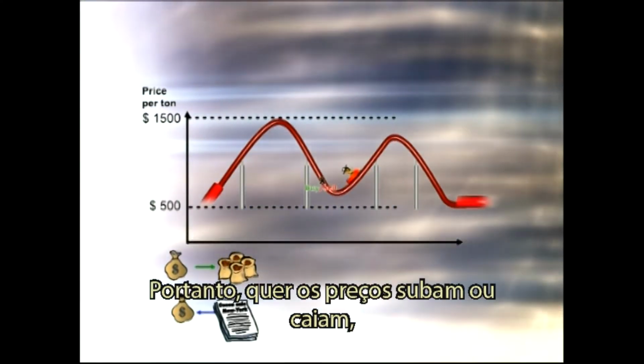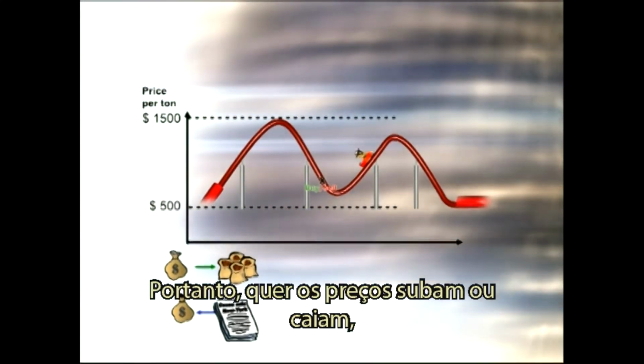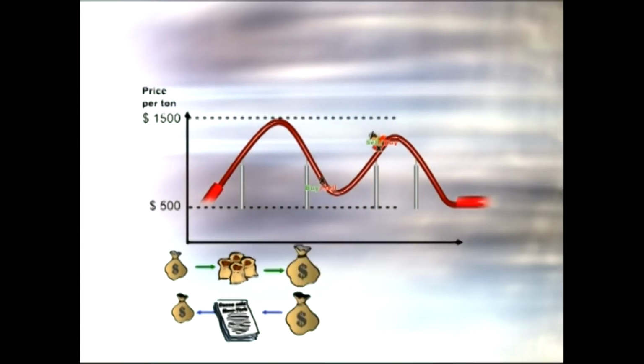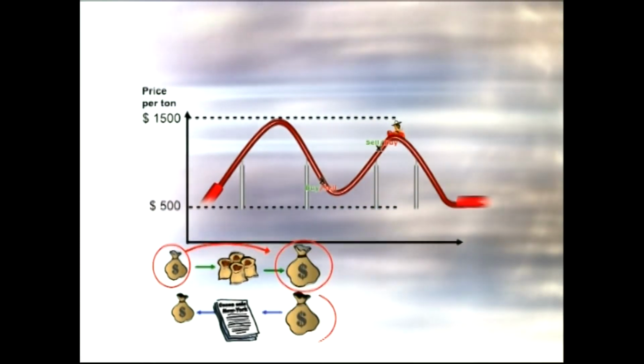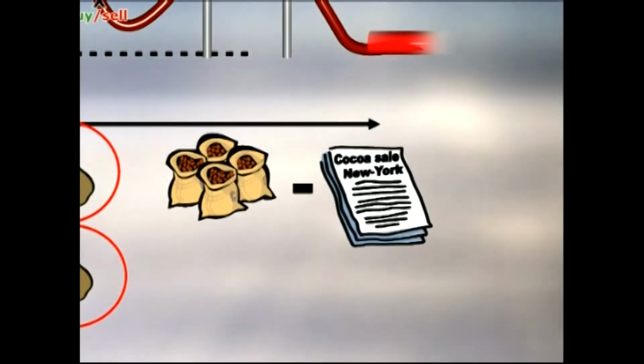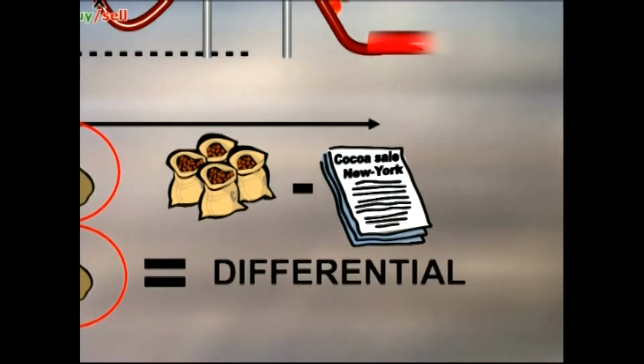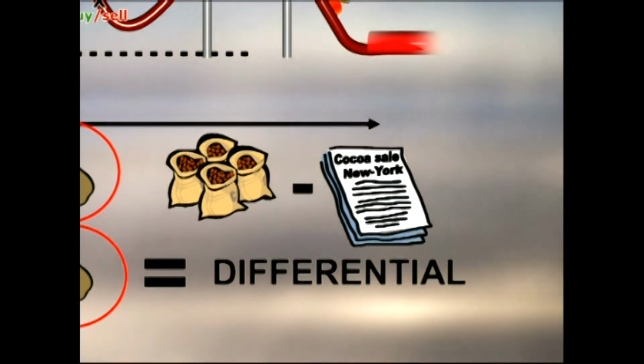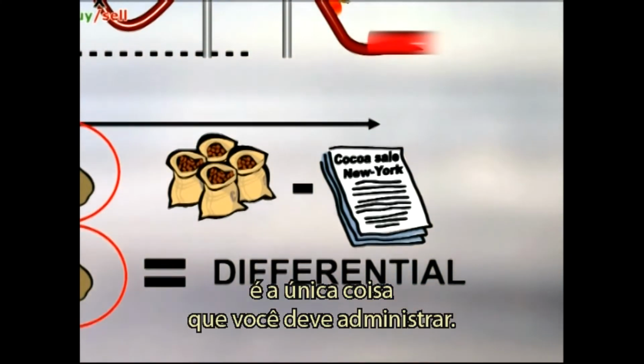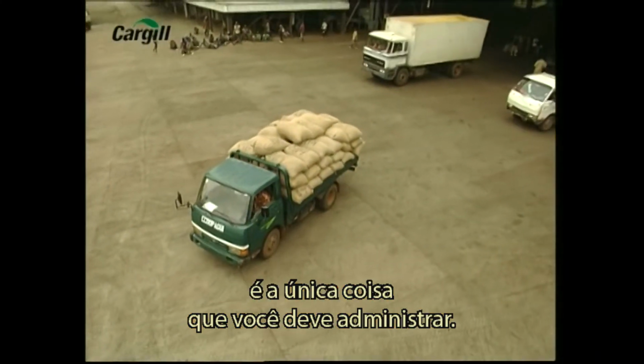So, whether prices go up or go down, the physical cocoa price risk will be compensated by the paper cocoa price risk. The difference between physical and futures, called the differential, is the only thing you have to manage.